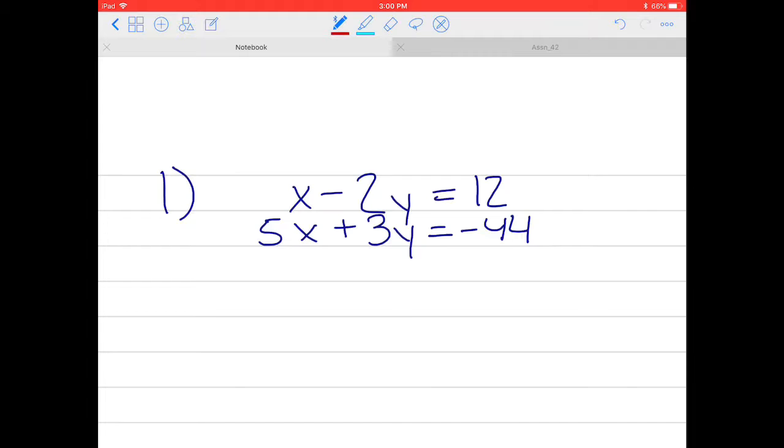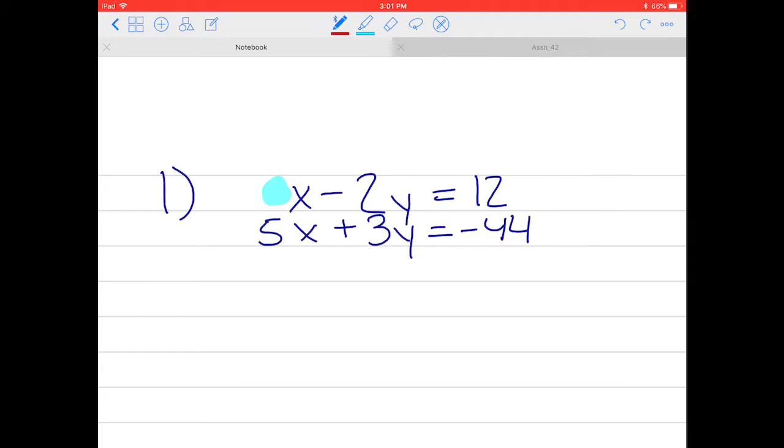And to do that, one of the variables has to have the same number. In this example, as you can tell, none of them do. So the easiest way to go about this is to somehow make this x have a 5 right here, okay? So right now it's just a 1.